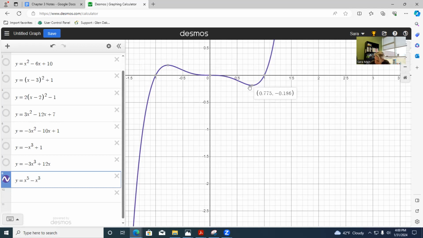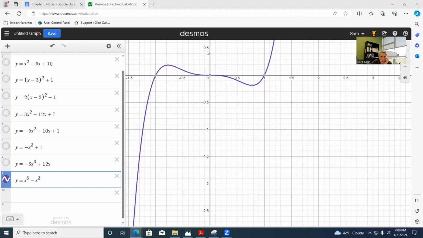You have a local minimum at positive 0.775 and negative 0.186. So it goes up and maxes out, and then goes down and bottoms out.